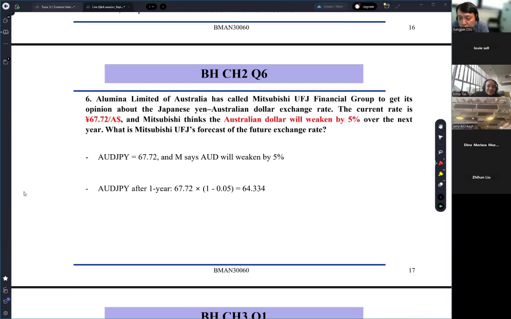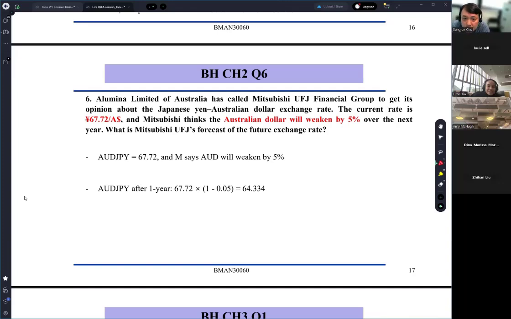So if you are able to solve all practice questions and also two past year exam questions, which are already posted on Blackboard, I will explain how to solve them in the future. If you are able to solve everything there, you should be able to solve at least more than 80% of the MCQ questions. The forms are similar, the contents are similar, but the MCQ format will be used.